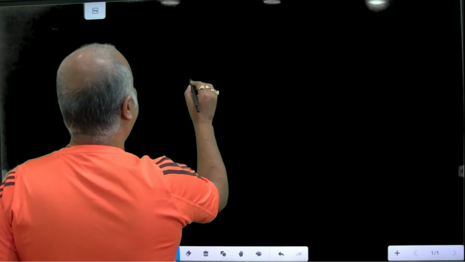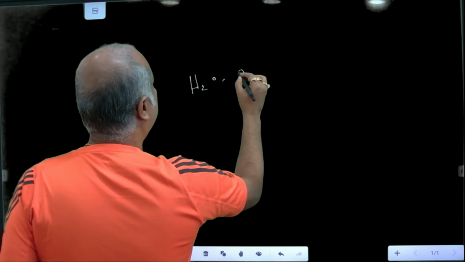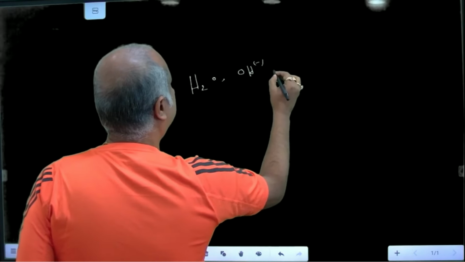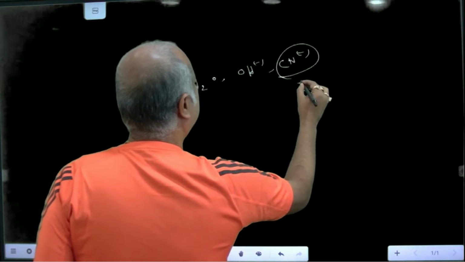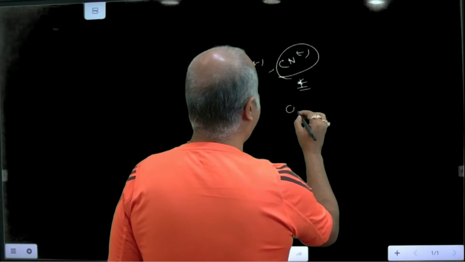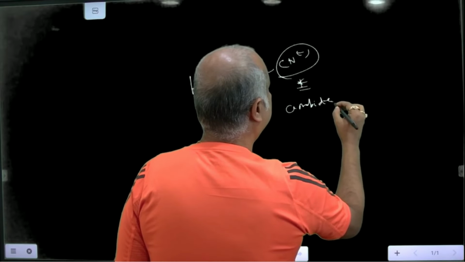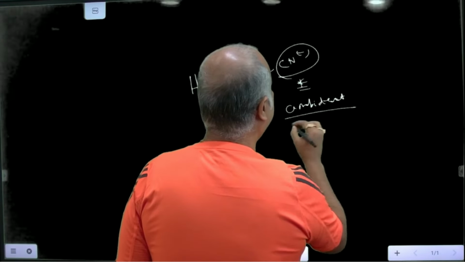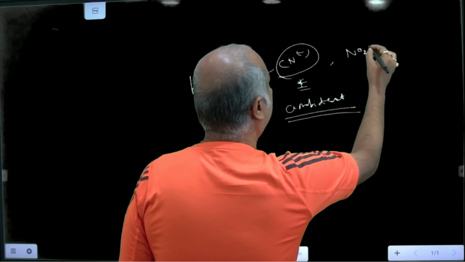And also the nucleophile, that means water, OH minus, CN minus. CN minus and NO2 minus are specially star marked, they are ambident nucleophiles. These two are very important topics.